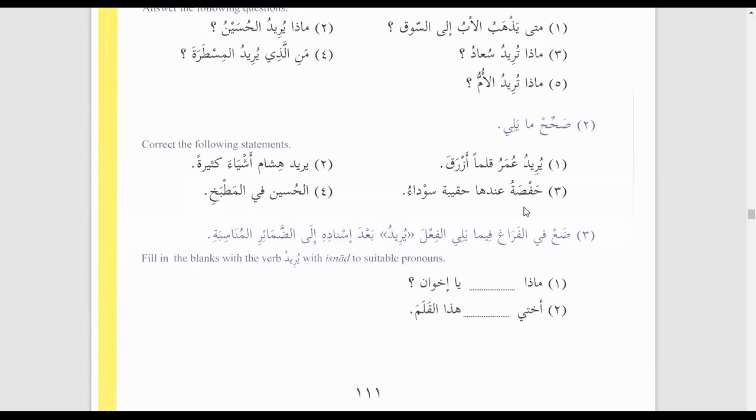Okay, number 3. Hafsa indaha haqiba sawda'. Hafsa has a black bag. Does she have a black one or a different color? She has a red bag. Haqiba hamra'. Hafsa indaha haqiba hamra'. Al-Husayn fil matbakh.